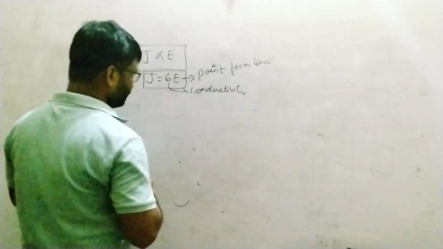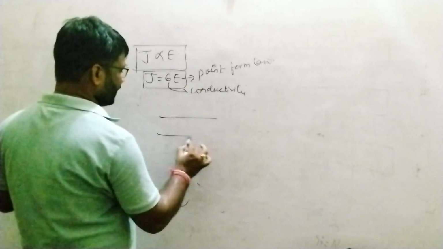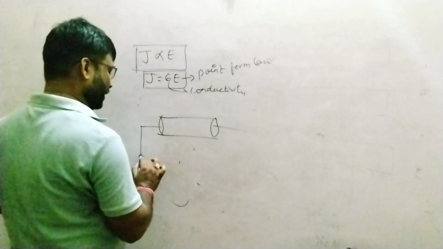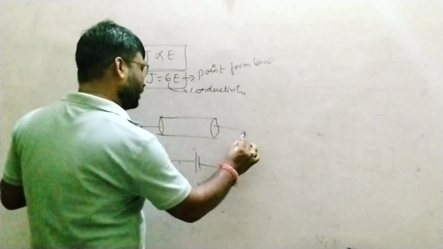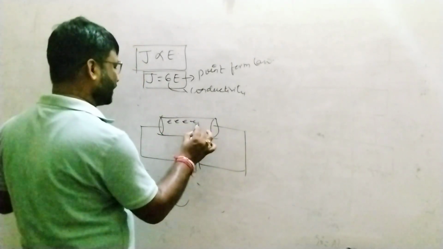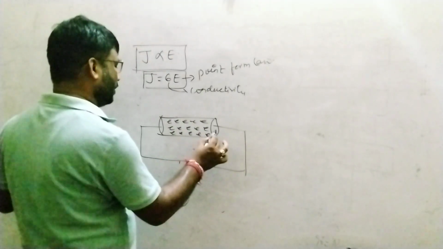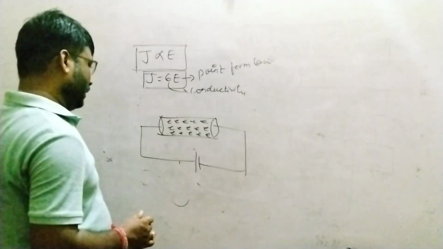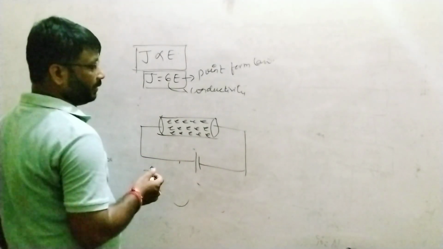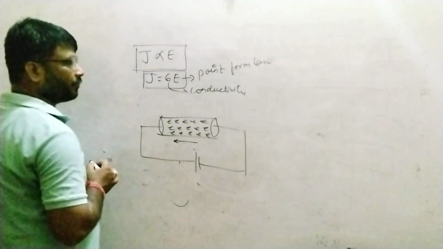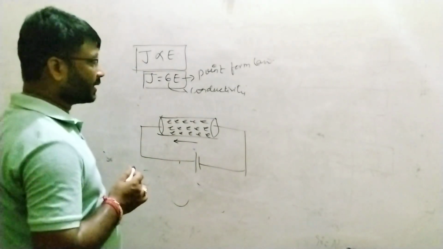We know that whenever the conductor is subjected to an external electric field, it makes the electrons move in a certain direction. These electrons are drifting from one ion to another, and the direction of the current is opposite to the direction of flow of electrons. We have seen this in the last class.